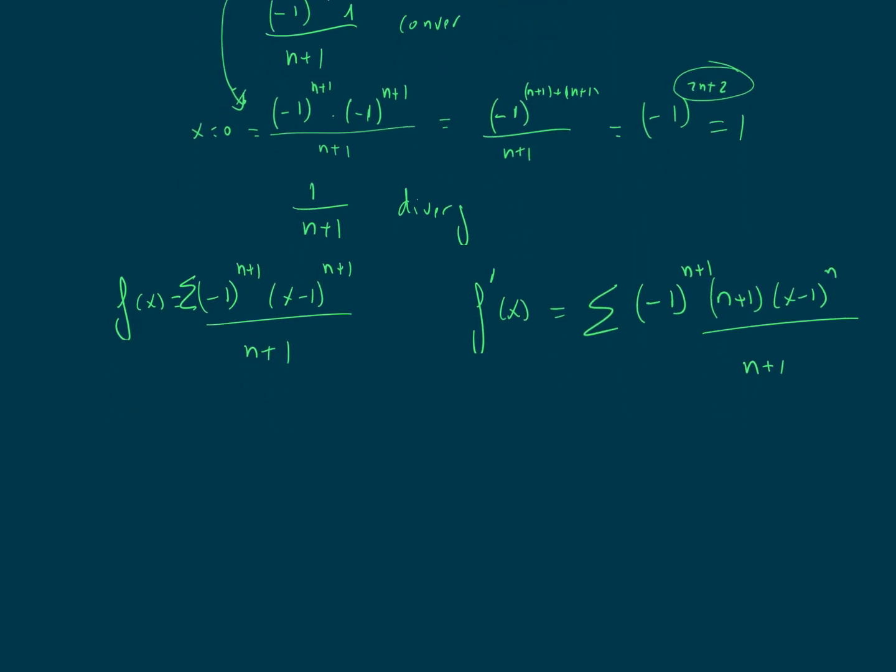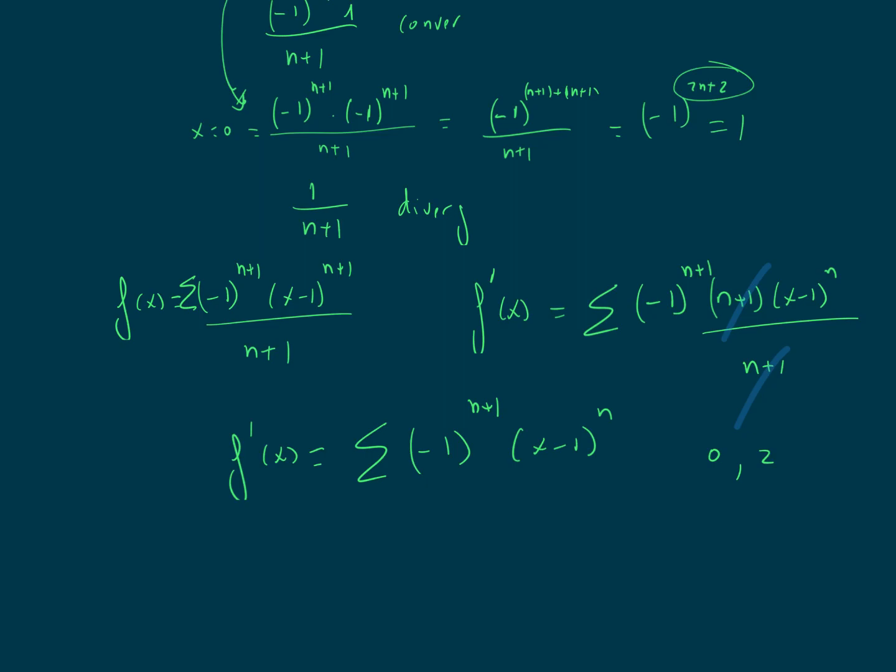So the derivative f′(x) equals the summation of (−1)^(n+1), where (n+1) divided by (n+1) will cancel, of (x − 1)^n. Now, this derivative on the interval (0, 2) will converge, and will not lose this convergence.